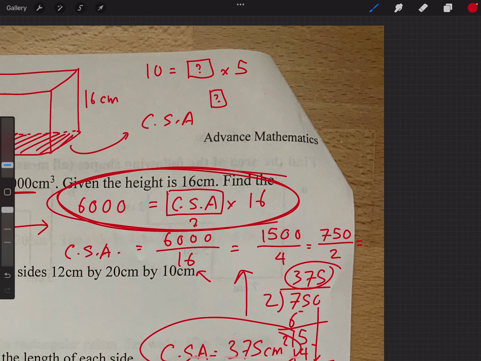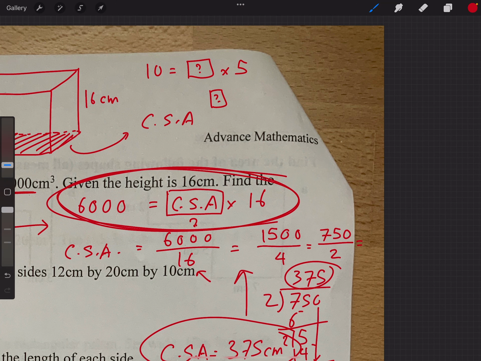Find the volume of water in a tank with sides. The question is asking to find the volume. So volume equals length times width times height for a rectangular prism tank. This tank is also a rectangular prism, and it's got the sizes of 20, 10 and 12.